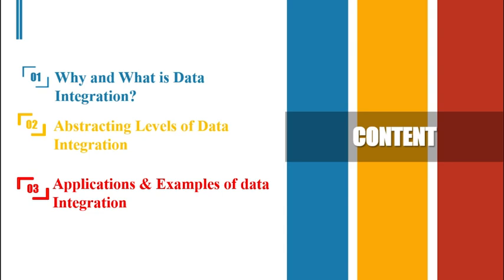So from the warehousing and data mining, which we will discuss in more detail next week, until the user interface, which is integrating data by the end user. And then I'm going to talk to you about applications and examples of data integration.